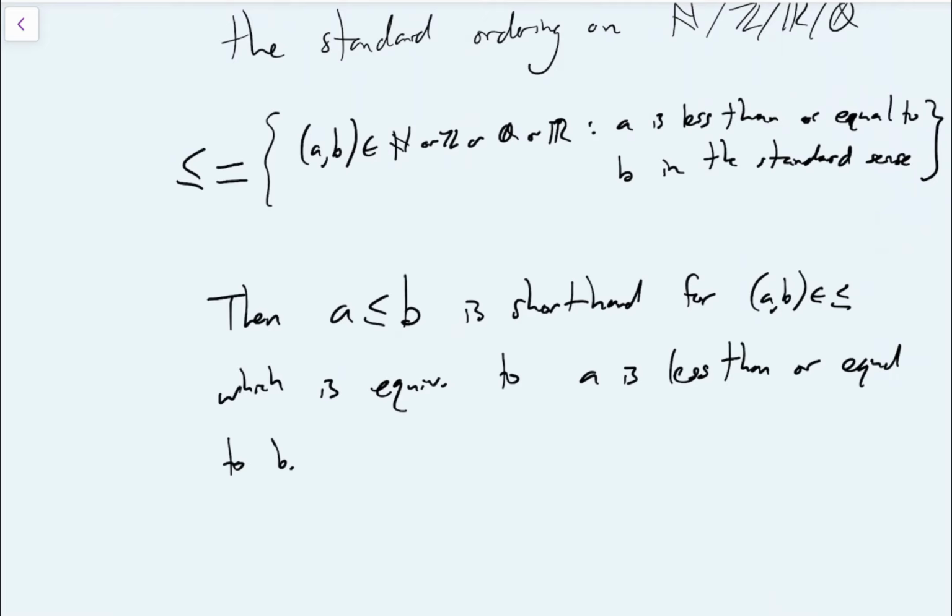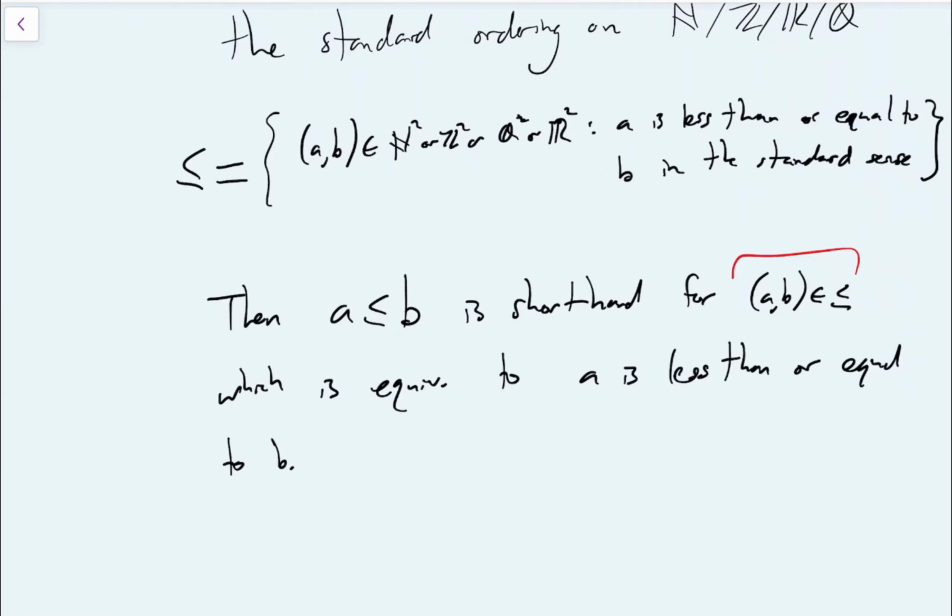What does it mean for (a, b) to be an element of less than or equal to? It means that (a, b) is in N squared or Z squared or Q squared or R squared. Sorry about that. It means that (a, b) is an ordered pair of one of these kinds of numbers, such that a is less than or equal to b.